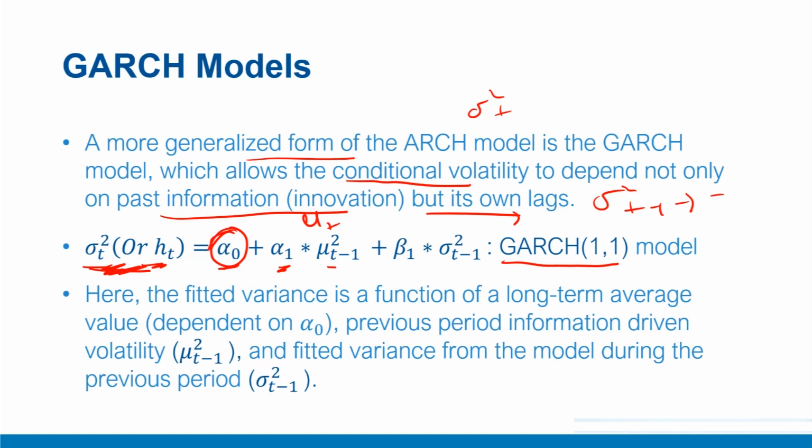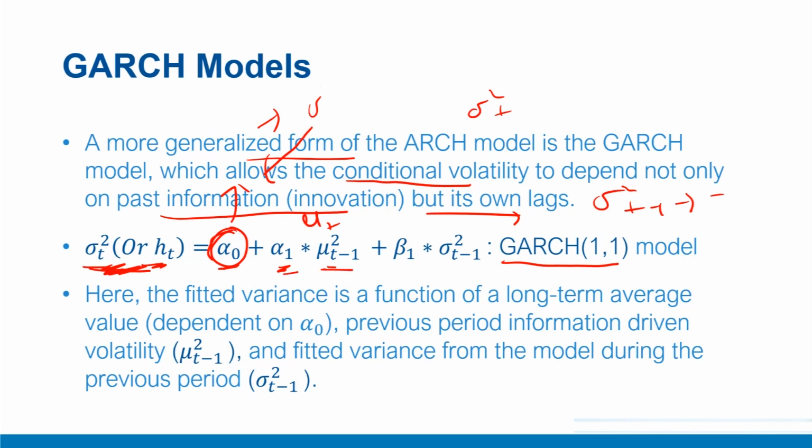Because of this term, the model achieves some kind of long-term mean, so that when the sigma square t estimate is higher than normal levels, it tends to pull it towards that long-term mean, and when it is lower, it pulls it higher towards that long-term mean. So alpha naught drives that property of long-term mean reversion. We'll see the value of that long-term mean shortly.